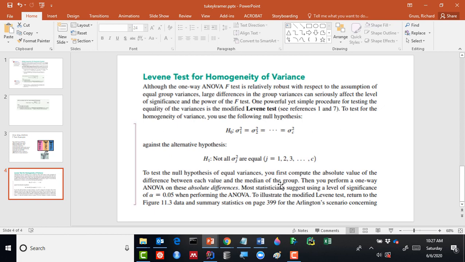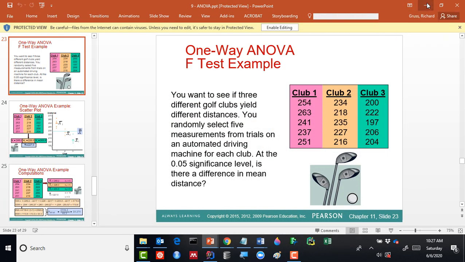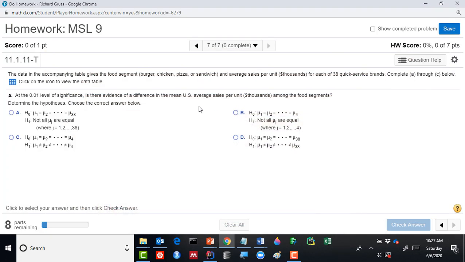Each group has a median, we take the absolute value of the difference between the value and the median, and then we do an ANOVA on these absolute differences. Let's do a whole ANOVA problem and then see how we go about doing that Levene test.